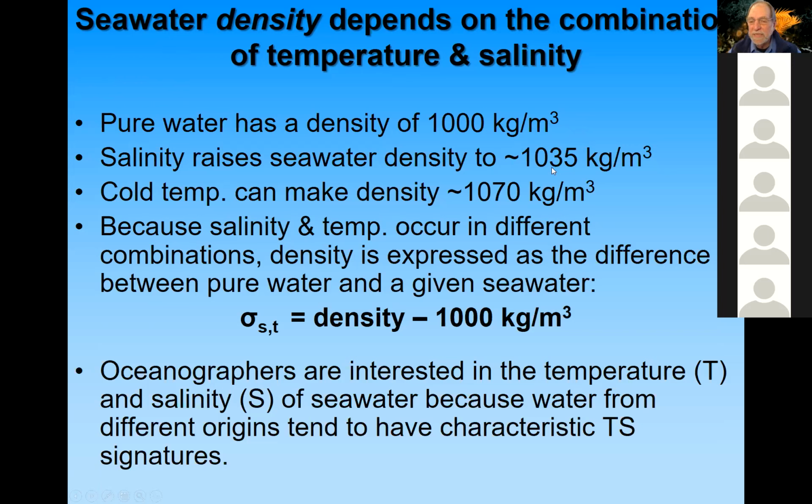So these are constants of temperature. Well, you can see that these are not straight lines. And they're not straight lines because density is actually being determined by multiple factors. And we'll explore that in a little bit more.